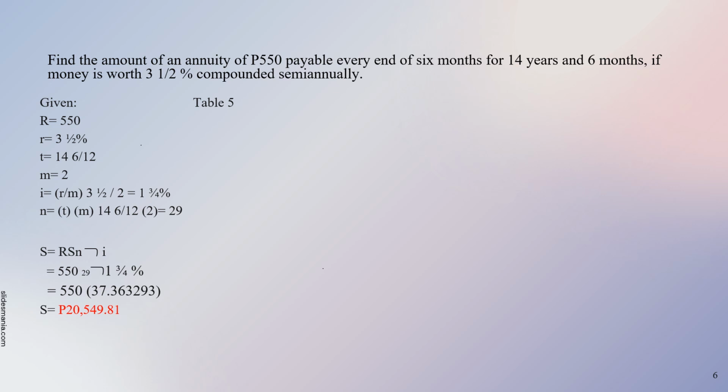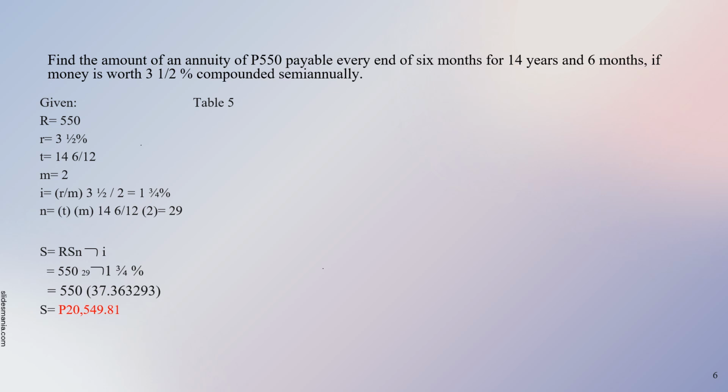So let's solve this one. S equals R s angle n at i, which is equal to 550 times s angle 29 at 1.75%. This part right here is the time where you have to check your table of values and look for the 29 angle at 1.75% to get the value, which in this video I have already provided.